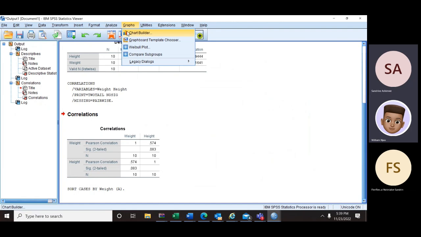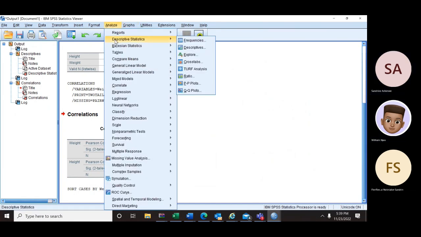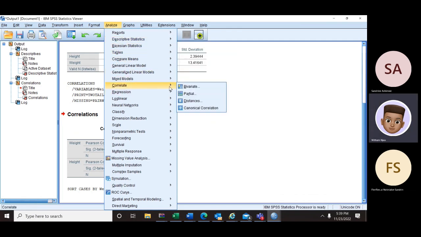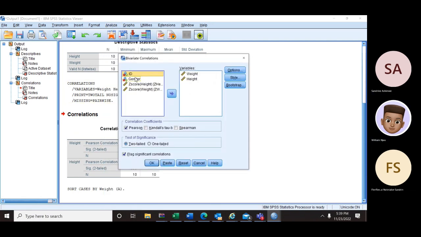That option is always there. So now go back to Analyze, then Correlate, then Bivariate. Now we move the gender there. All those just remain the same. Then just say okay.